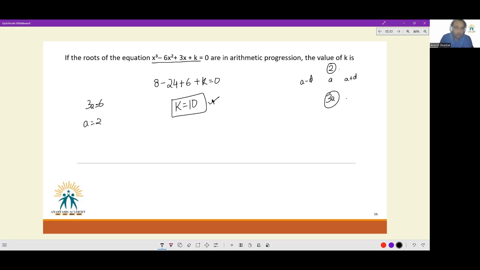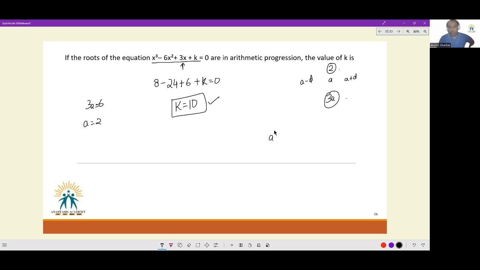If the question had asked me about other roots, even that can be asserted. Let's see. From this, if we want to solve it from the sum of pairs of products, I know it is positive 3.